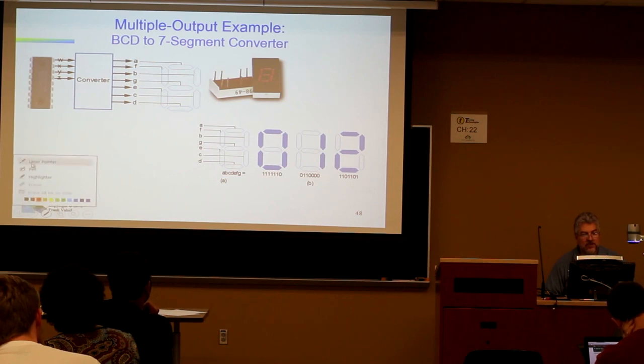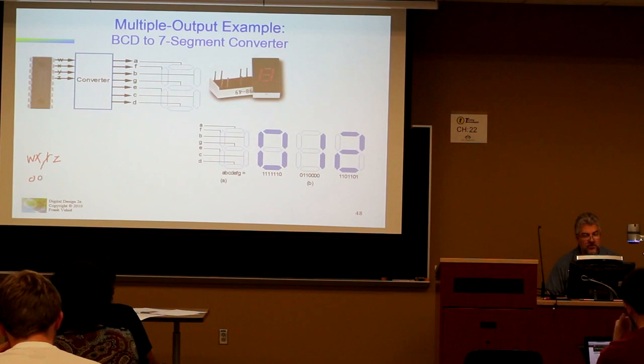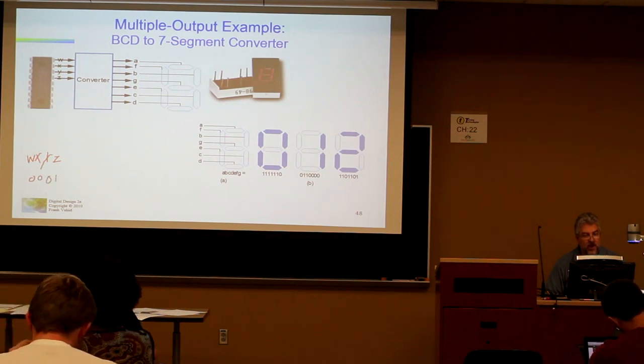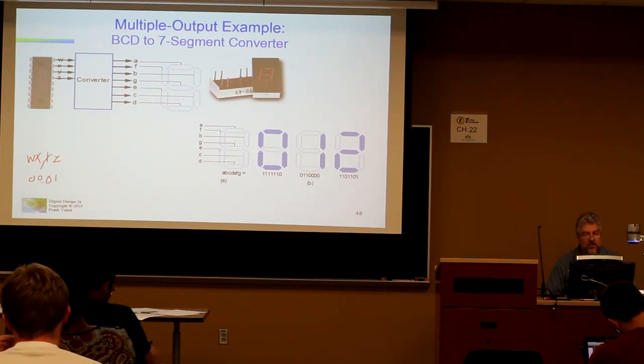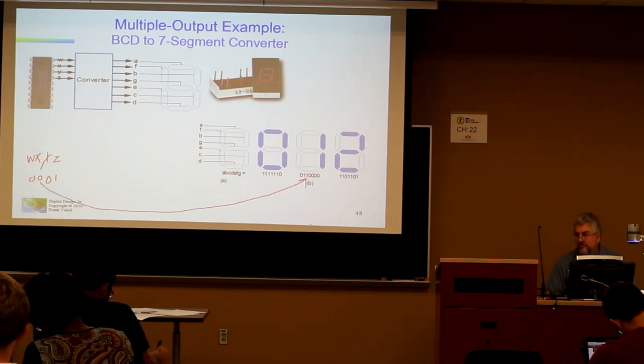So in this case, if we have WXYZ and we have the value 0, 0, 0, 1, that would be converted into this right here, so we could display the character 1.